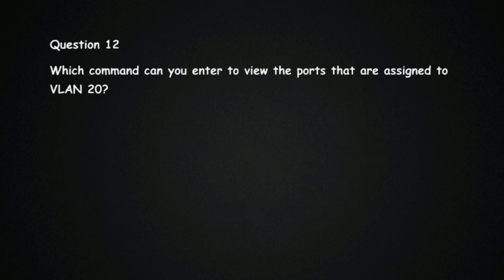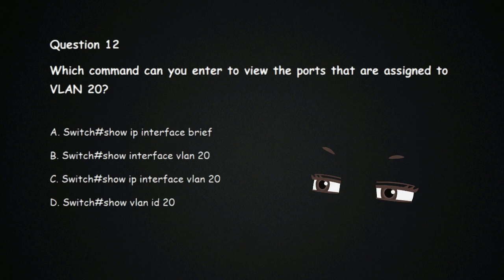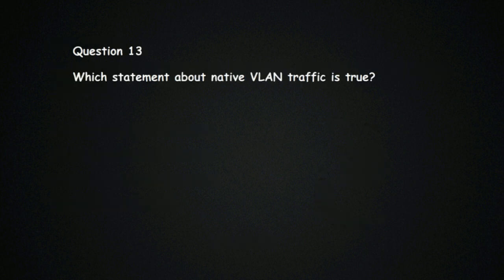Question 12. Which command can you enter to view the ports that are assigned to VLAN 20? Answer is D. Question 13. Which statement about native VLAN traffic is true?